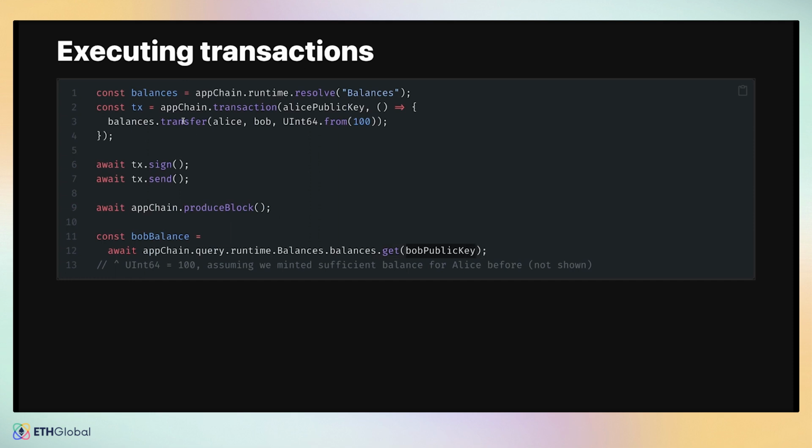And if our transfer was successful and the block was produced correctly, the balance of Bob that we would receive would be an instance of the UInt64 data type holding 100, right? To be able to actually do this, you would have to mint the balance for Alice first, otherwise the transaction would fail. But to keep things simple, we've only demonstrated how the transfer would work.